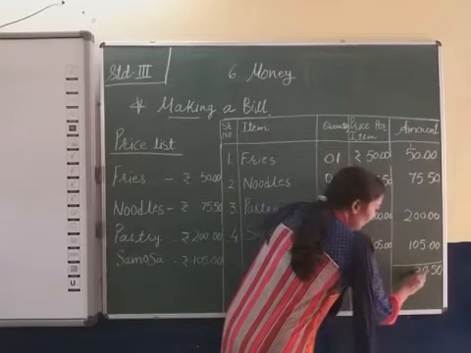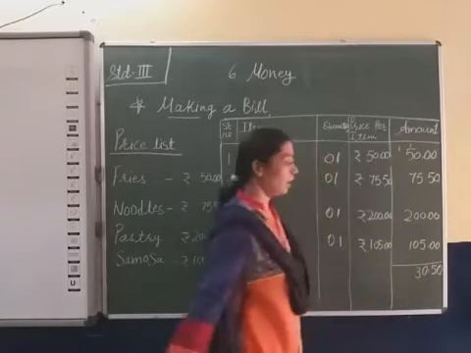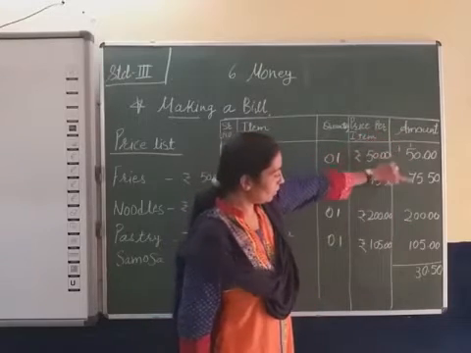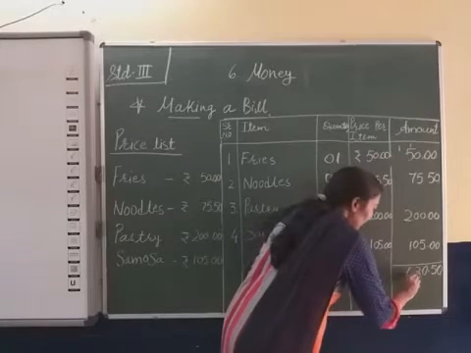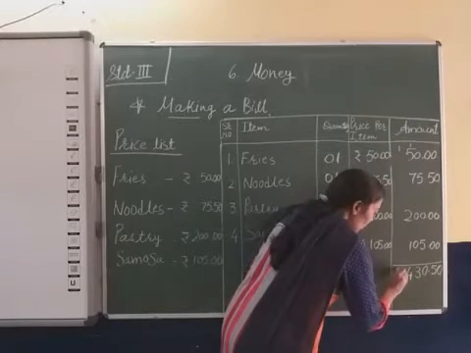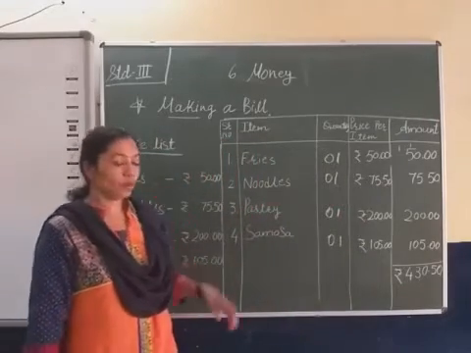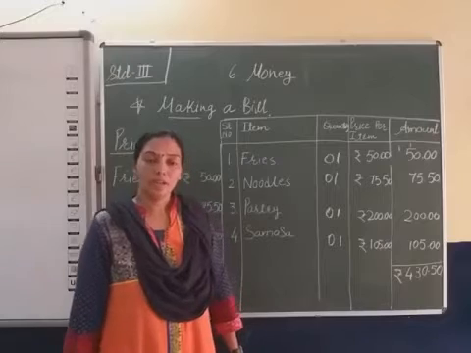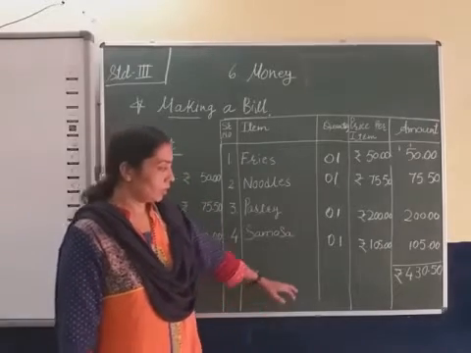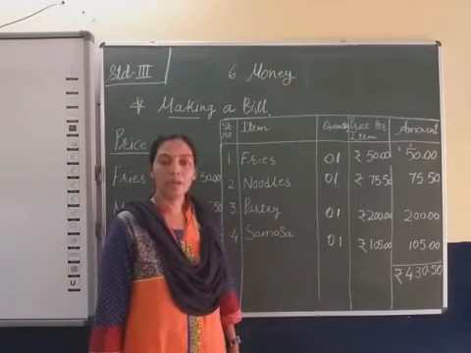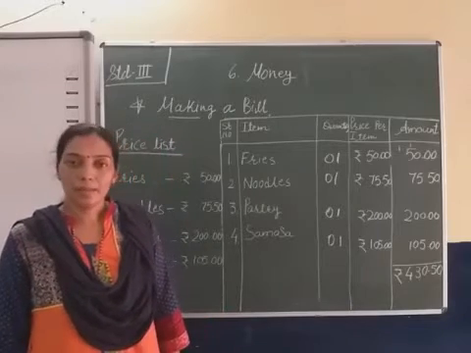So 1 is carried forward to the hundreds place. So 1 plus 2, 3, 3 plus 1, 4. So the total amount is rupees 430 and 50 paisa. The total cost of the bill is 430 rupees and 50 paisa.